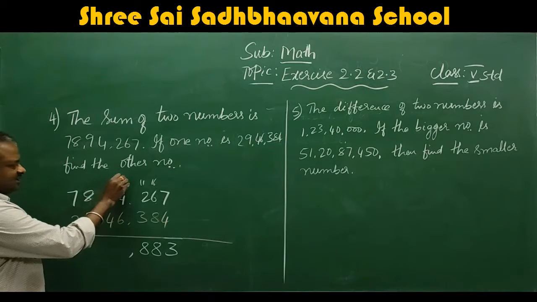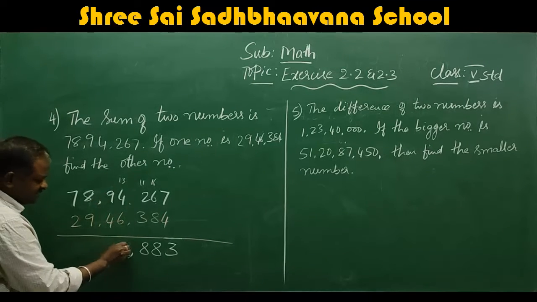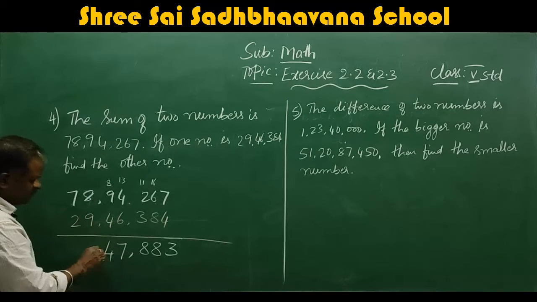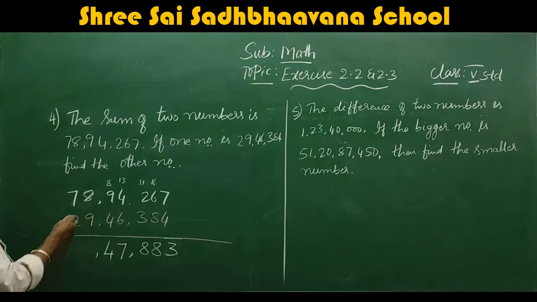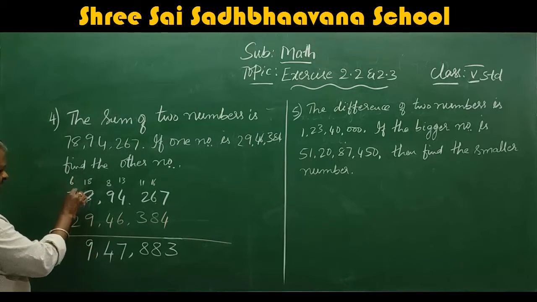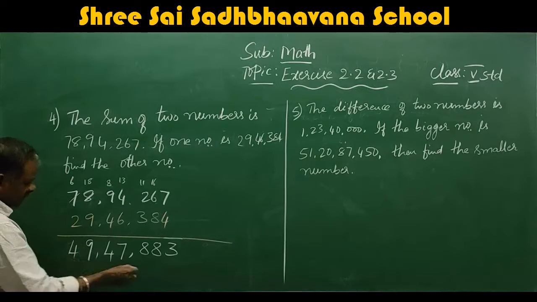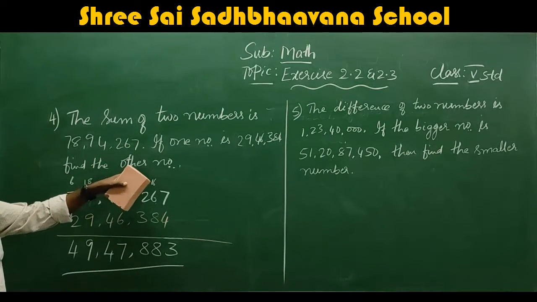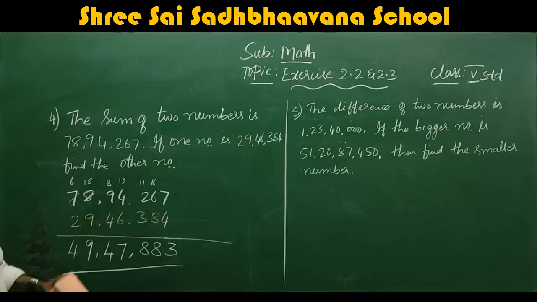This becomes 13. 13 minus 6, 7. This becomes 8. 8 minus 4, 4. This becomes 18. 18 minus 9, 9. This becomes 6. 6 minus 2, 4. So this is the second number.